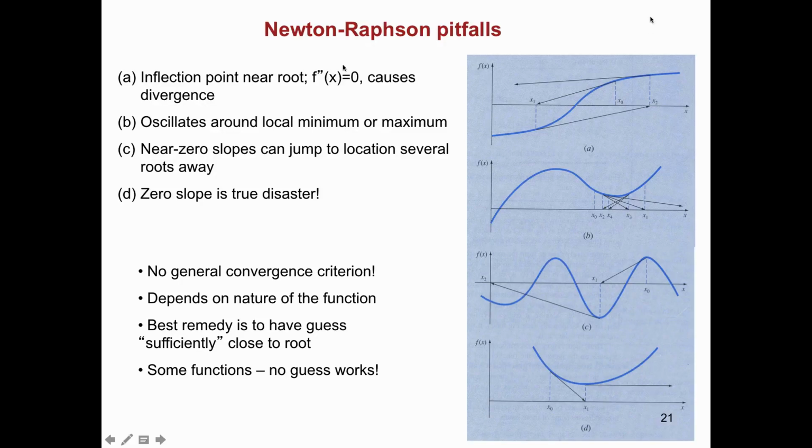So then I'm here, and then I'm going to get a milder slope, and this milder slope is going to take me outside of this plotting range for x3. And then for x3, I'm going to get into a milder slope close to 0 that is going to send me even further away on the other side. So I'm going to keep bouncing back and forth and further away from my actual root.